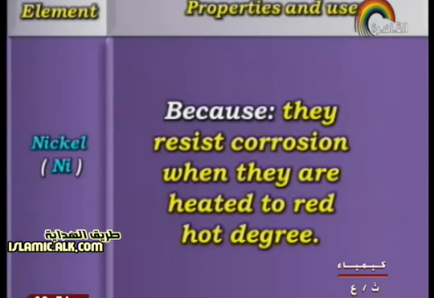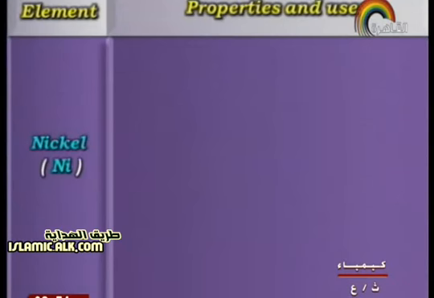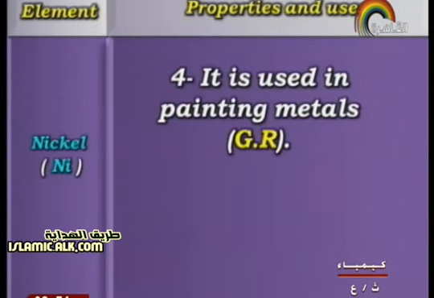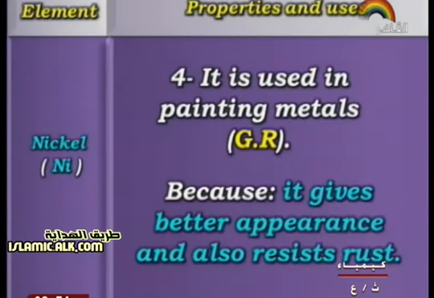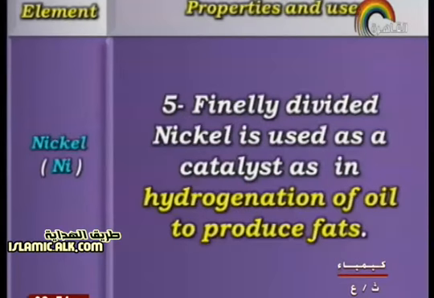Nickel is also used in plating metals because it gives a better appearance and resists rust. Another use for nickel: finely divided nickel is used as a catalyst, as in the hydrogenation of oil to convert it into fats.